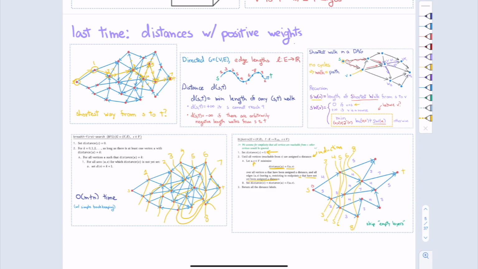Now for positive weights, we don't have to worry about negative infinity, and so we looked at three increasingly complicated cases. We started with a DAG, just trying to get the shortest walk from point A to point B in a DAG. And there being a DAG, we set up a recursion and applied dynamic programming.